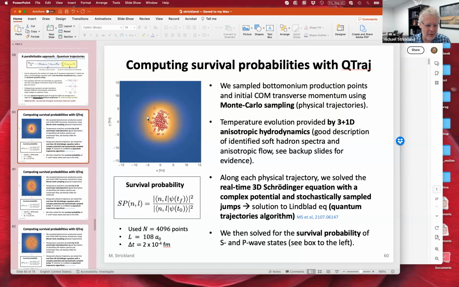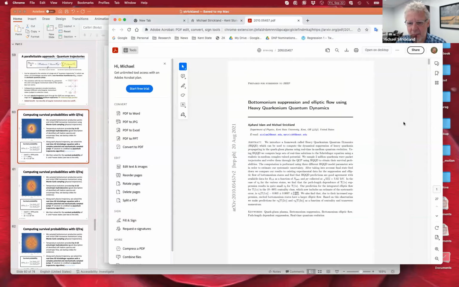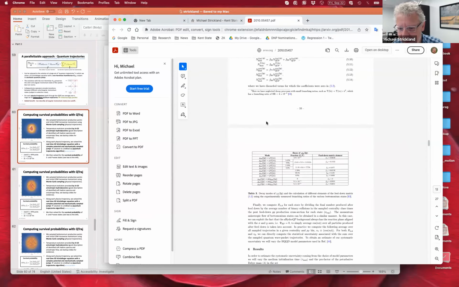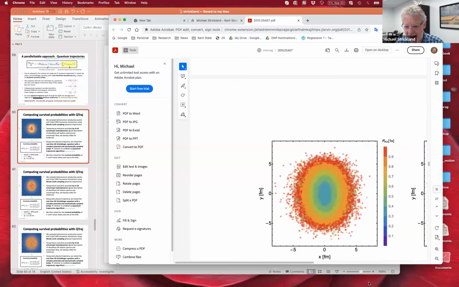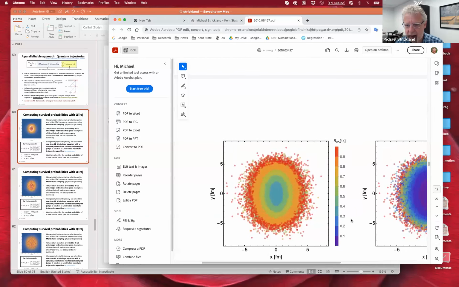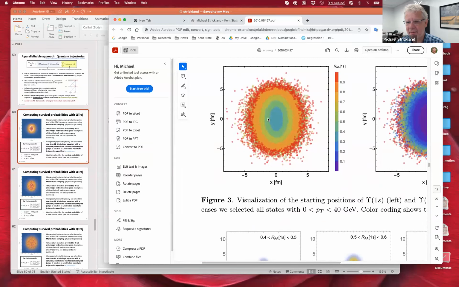This is just one realization of that sampling. This is sampling a bunch of them, 100. I don't remember the number that I threw here. But it's extremely rare to produce one out here. It does happen, but it's more probable to produce them here. We do this over and over again, sampling them. And you're right, I had some pictures of essentially this survival probability as a function of where you started.